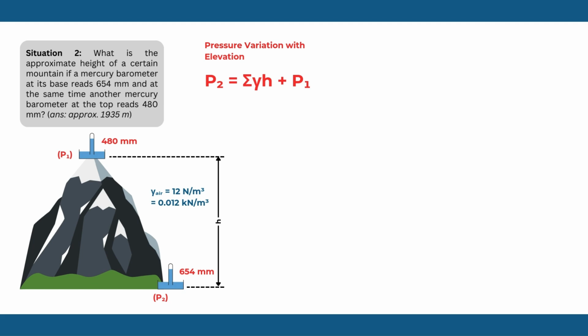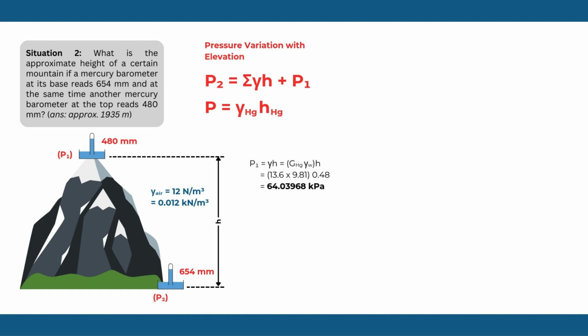Now, moving forward, determine muna natin yung pressures at point 1 and point 2 by utilizing the barometer readings. As discussed earlier nga, pressure natin is just equal to gamma times height. For this case, gamma ng mercury ang gagamitin natin. And given na wala tayong given na unit weight, gamit ulit tayo ng standard value.